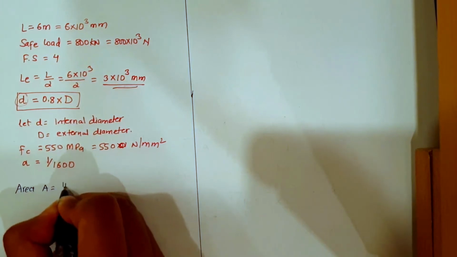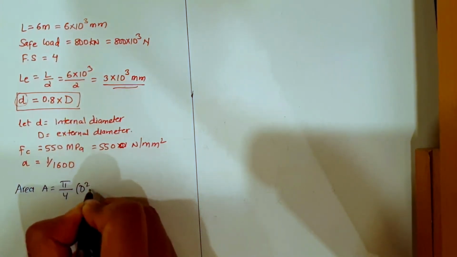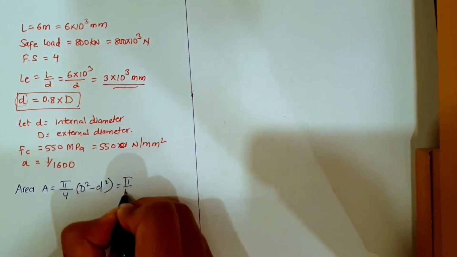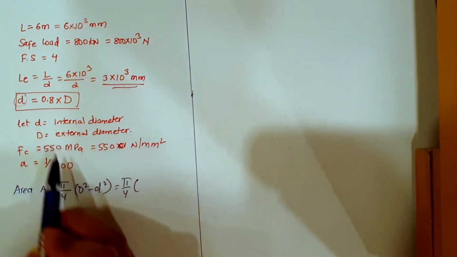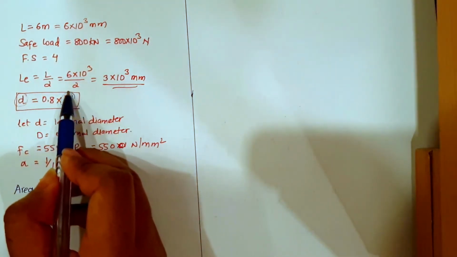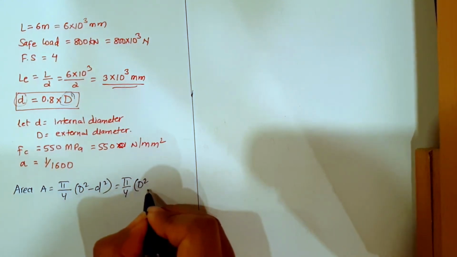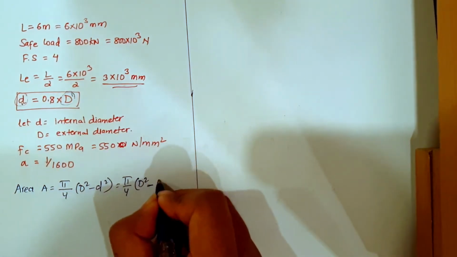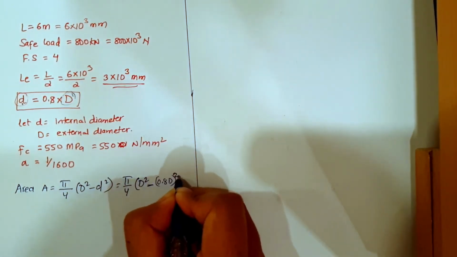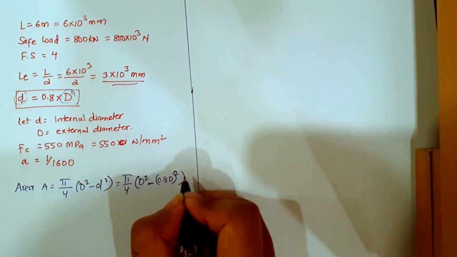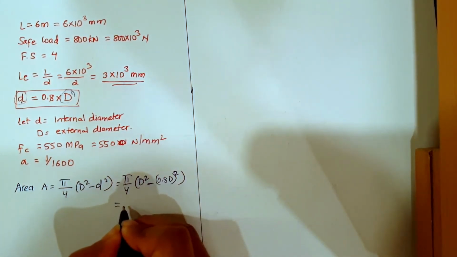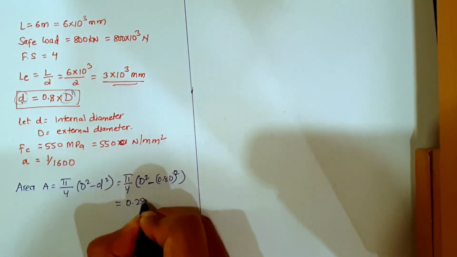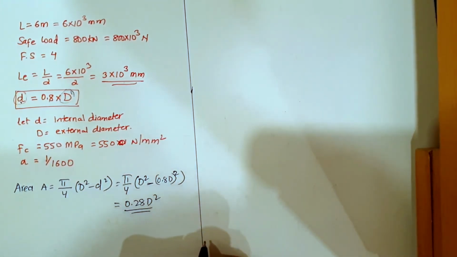Area A will be equal to pi by 4 into D square minus small d square. Since we do not know capital D, the external diameter, let it be D square only, and small d is equal to 0.8 times D, so 0.8 D whole square.